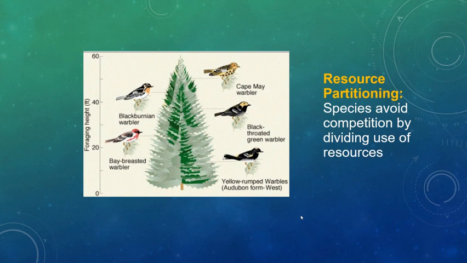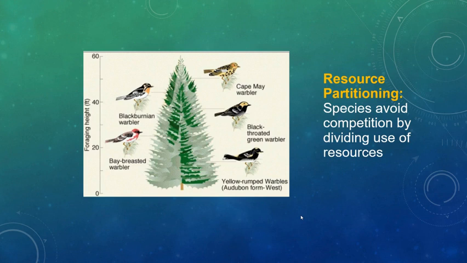Another behavior we see in ecosystems is called resource partitioning. Species can be in competition with each other. These are all different kinds of warblers. But over time, they have evolved to avoid competition by dividing uses of resources.